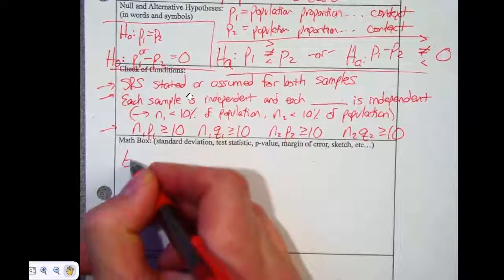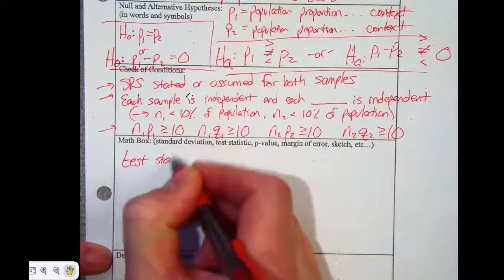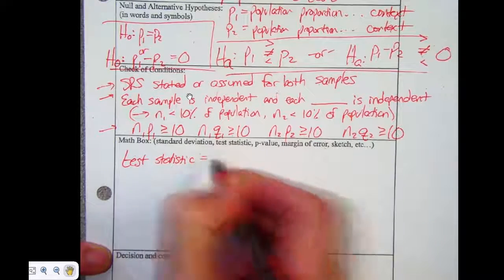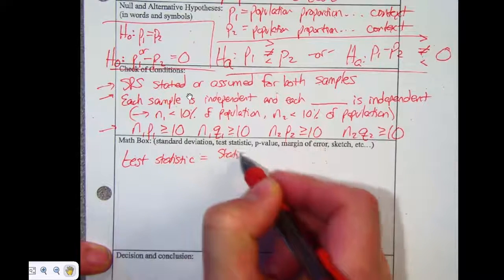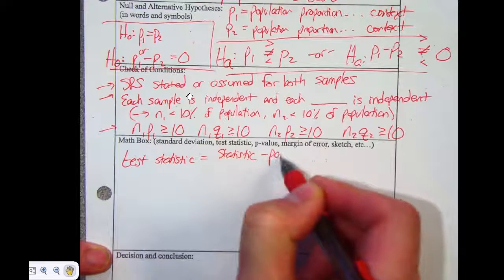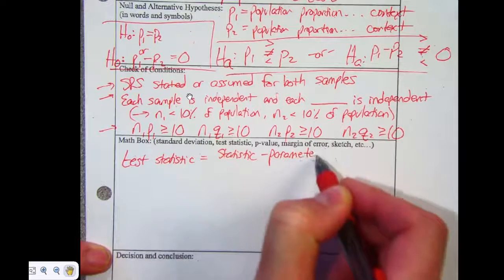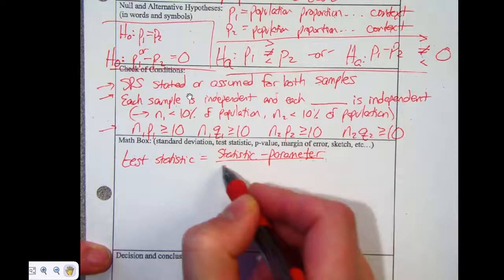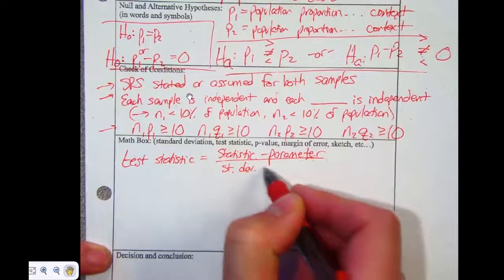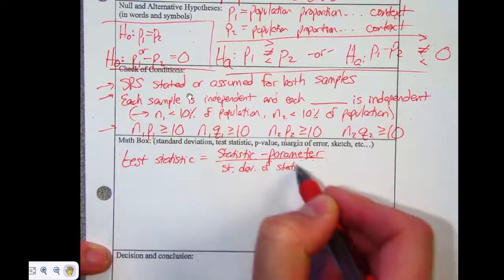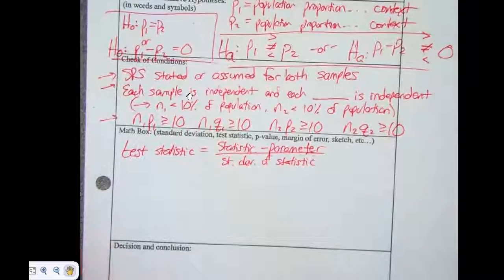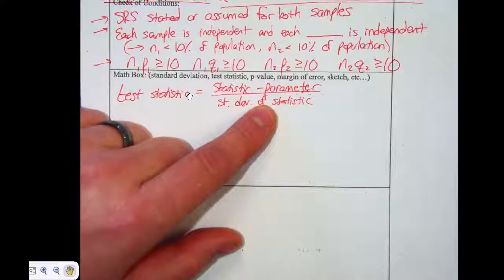Alright, and the test statistic equals statistic minus parameter over standard deviation of statistic. I know your formula sheet's not in front of you, but we're doing a 2-proportion test.